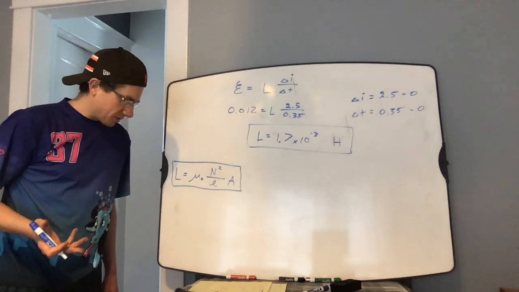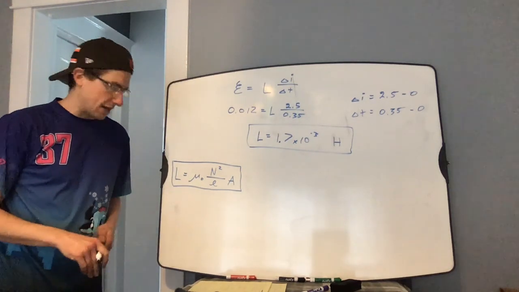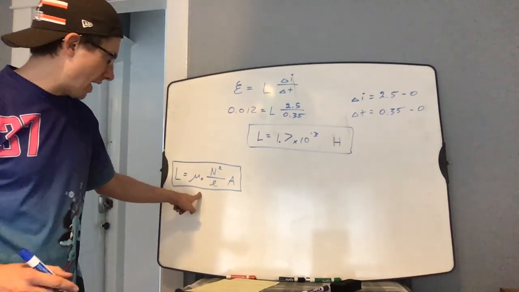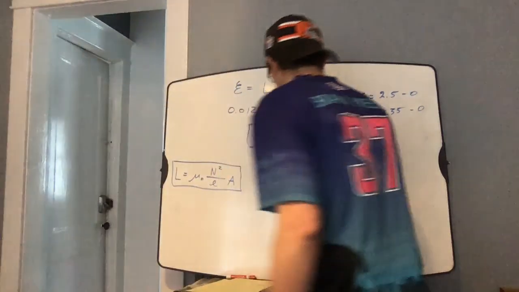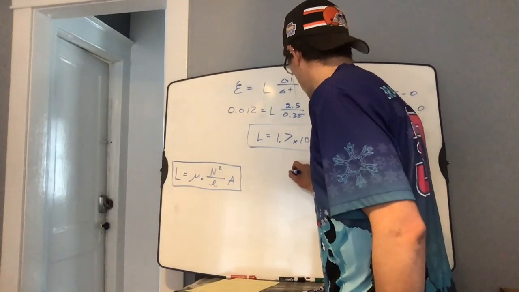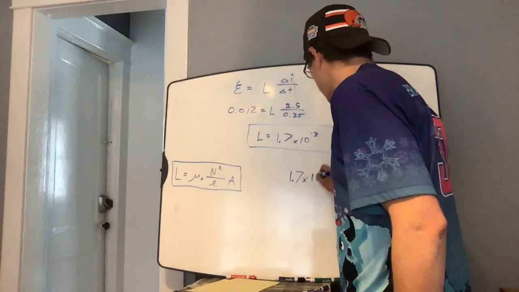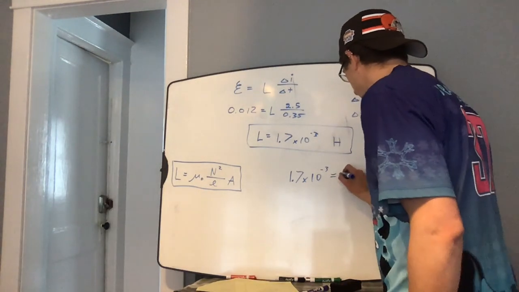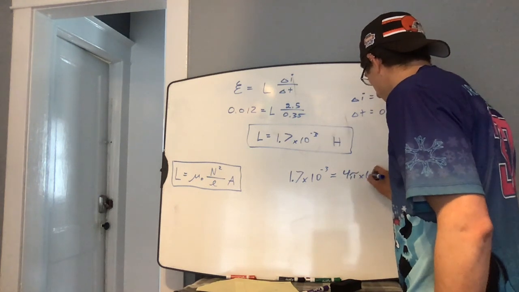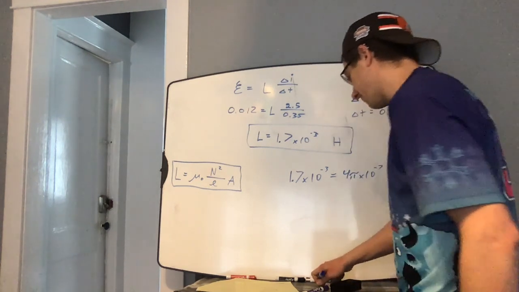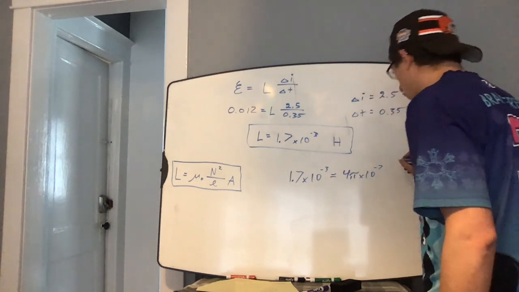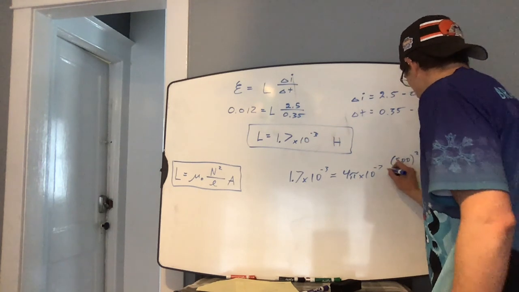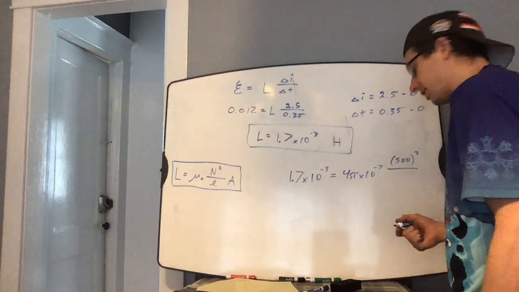The second part of this problem asks what is the cross-sectional area of the solenoid. For a solenoid we have this equation, so I could plug numbers in. L is equal to 1.7 times 10 to the minus 3. Mu naught is 4 pi times 10 to the minus 7. Then I have n squared over L. We have a solenoid with 500 turns or 500 loops, and the solenoid has a length of 8 centimeters.